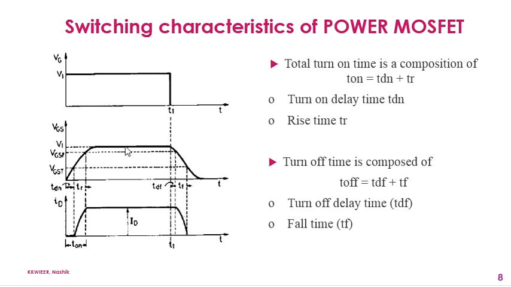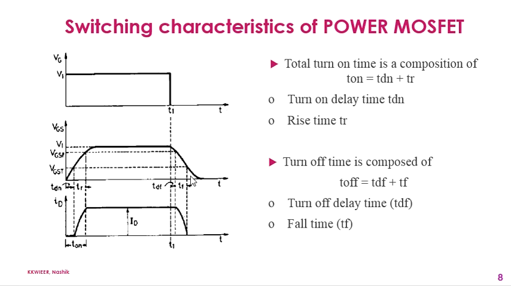Again, as we can see here, from the V1 value it falls till VGSP. The time duration for this sudden decrease in the voltage is known as turn off delay time, which is denoted as TDF.